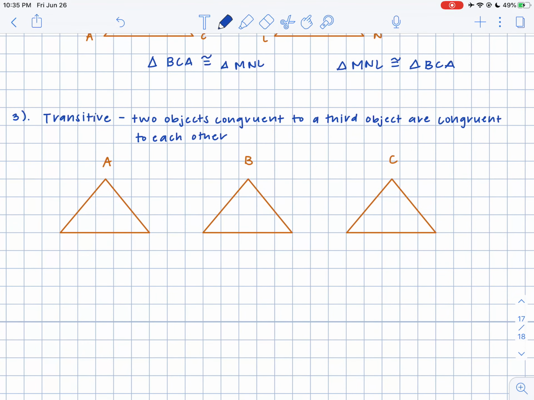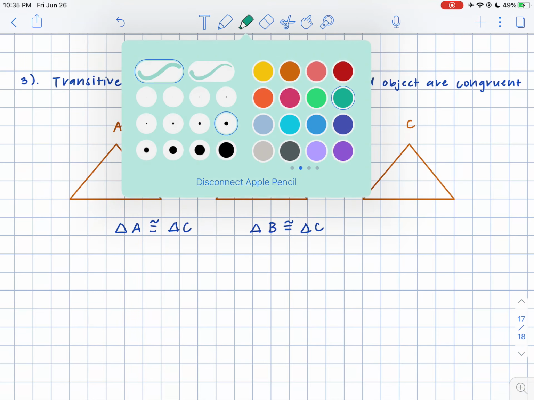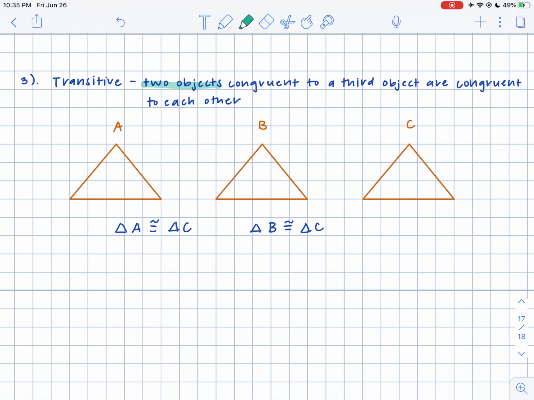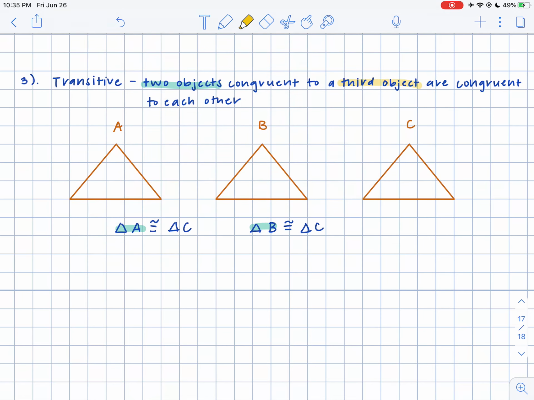And lastly, the transitive property. This states that two objects congruent to a third object are congruent to each other. So what does that mean? Let's break it down. Let's say we're given triangle A is congruent to triangle C, and triangle B is congruent to triangle C, okay? So two objects, A and B, are congruent to a third object.